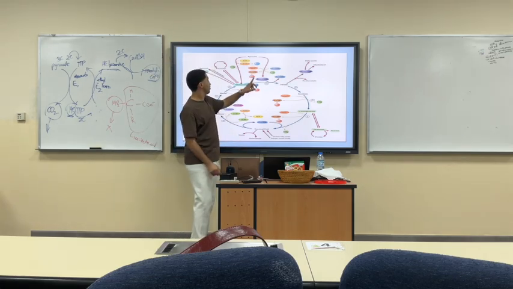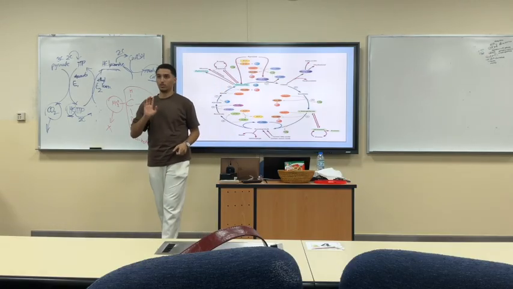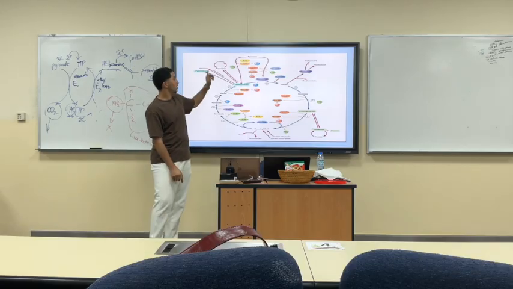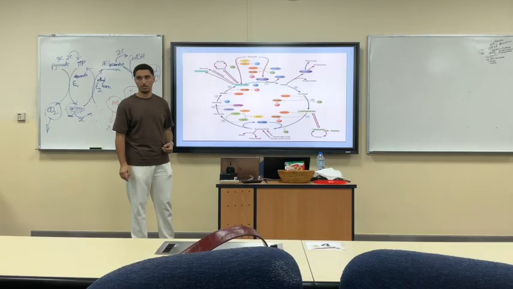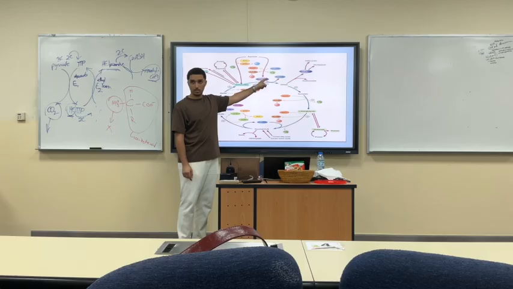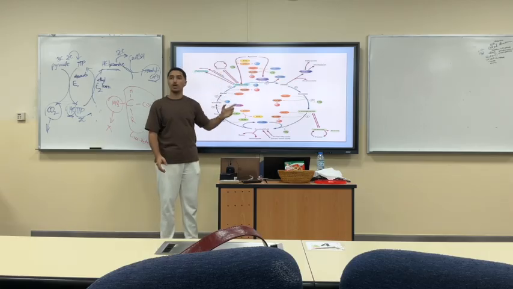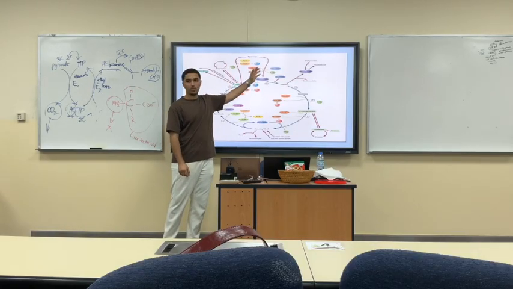The enzyme that is responsible for the conversion of pyruvate to oxaloacetate is called, what's the name of the enzyme? Okay, pyruvate carboxylase. So we are going to inhibit the pyruvate dehydrogenase complex, and activate the pyruvate carboxylase.